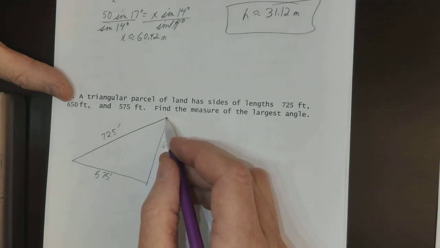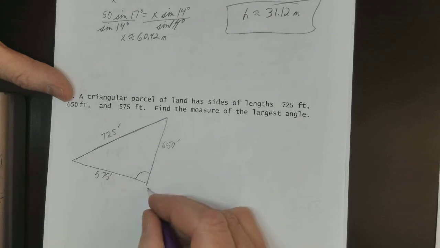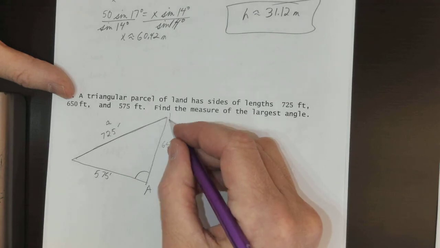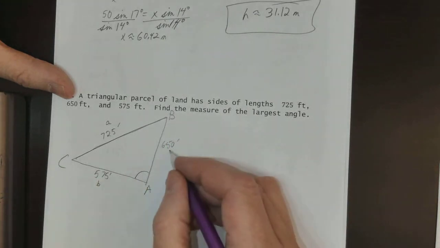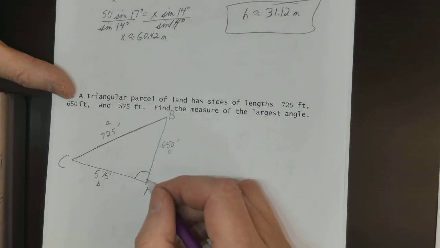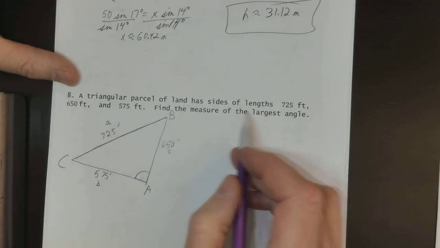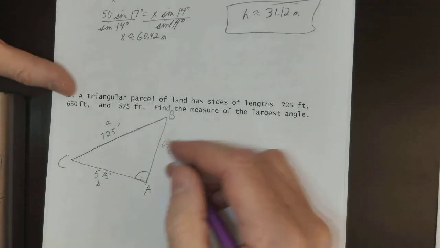Okay, the longest side, the angle opposite that, I'll call this A, call this B, and this is little b, call this C, and this is little c. So I'm going to solve for this angle, and I'm using law of cosines. I think side, side, side is a law of cosines problem.